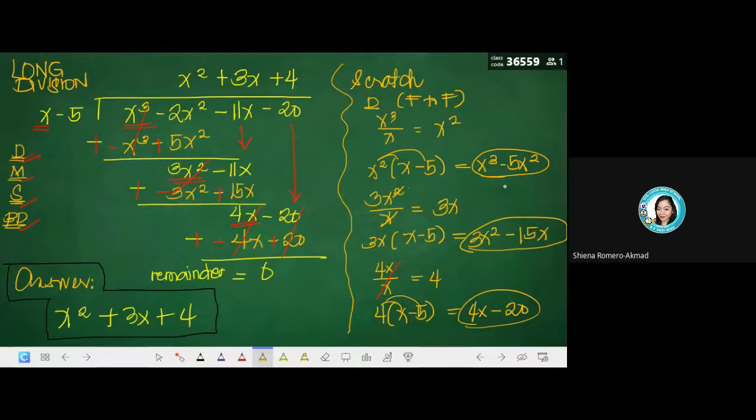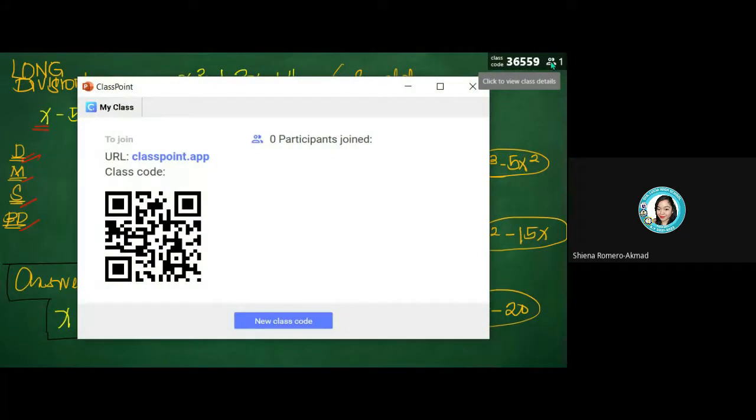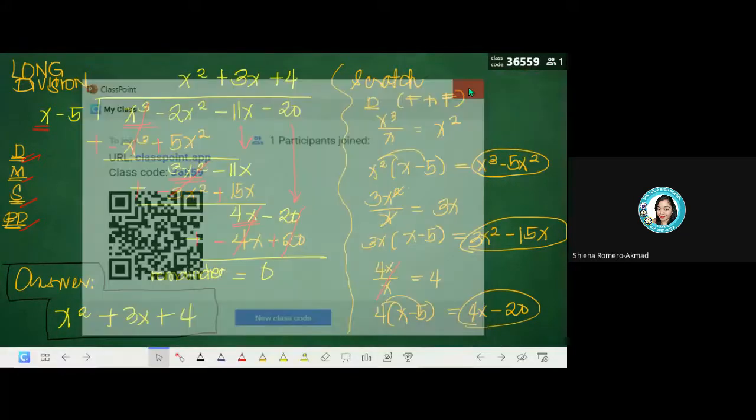So, para maintindihan mo yung buong lugar, I mean, para makuha mo yung shortcut sa lugar na yun, dapat maintindihan mo muna yung buong lugar. So, ganun din dito, you have to first understand the long division before we proceed dun sa short way of dividing.